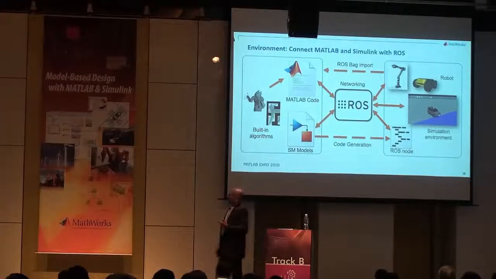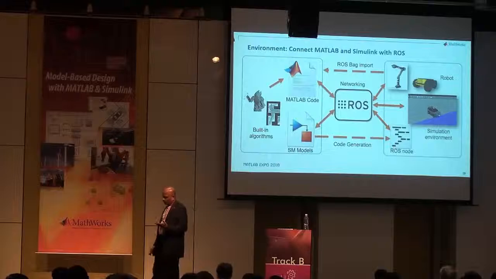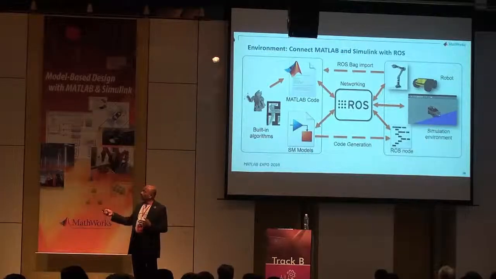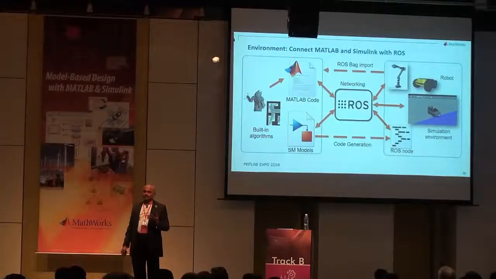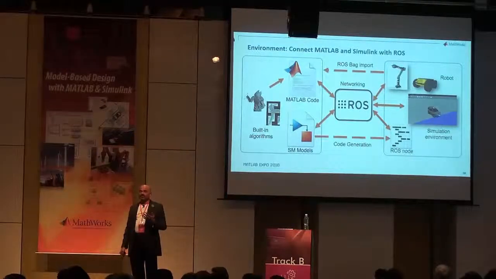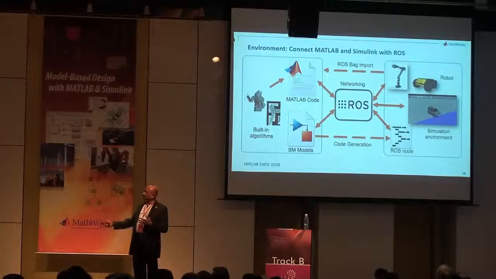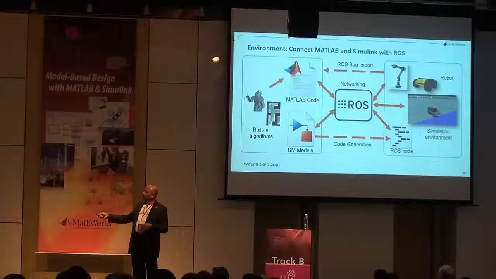In addition to that, in the world of robotics, there is something called ROS, Robot Operating System. So from MATLAB and Simulink, you can connect to ROS in many different ways. One easy way to connect is that if you have a Simulink model, you can generate code from it and turn that into a ROS node. From MATLAB itself, you can talk to other ROS nodes.